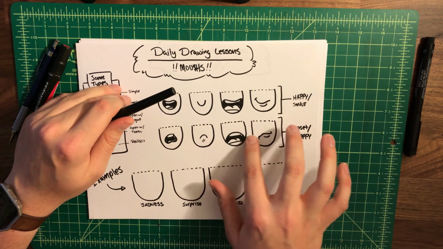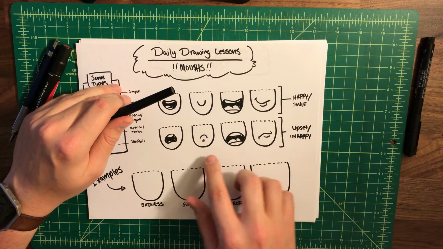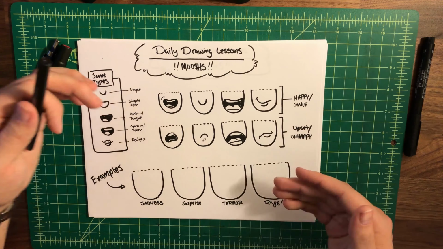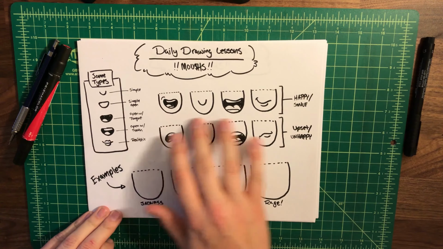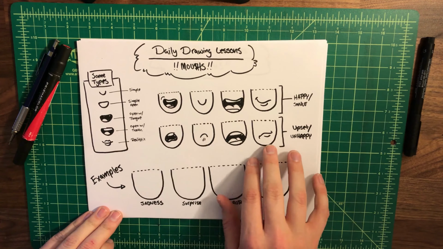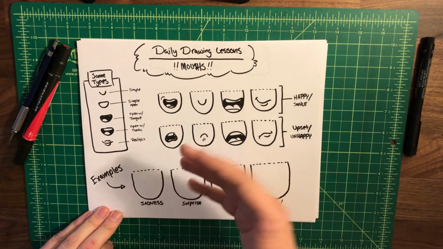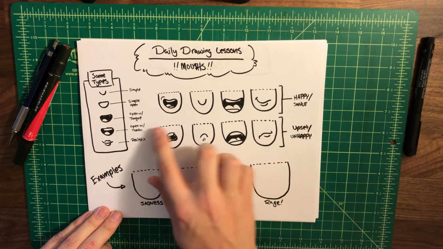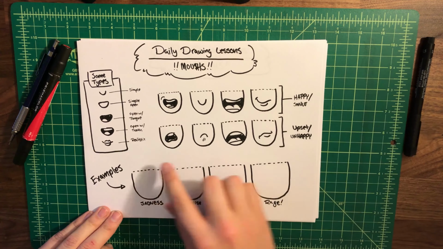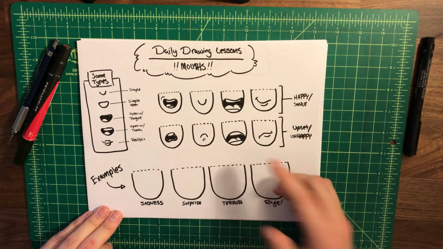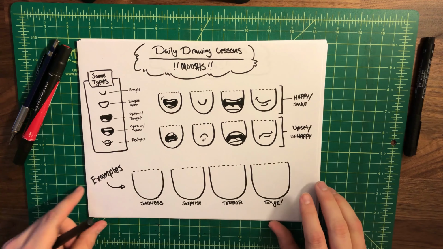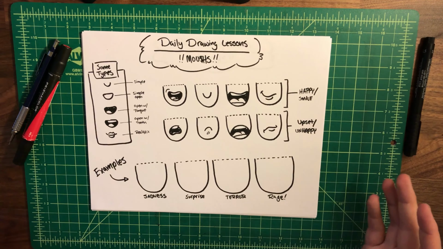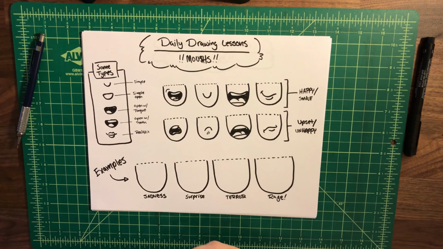And then you have this one that's also taking up the bottom, and then of course the smirk. So you can see that all four of these different styles are expressing relatively the exact same thing. Up here you're representing a happy smile. Down here you're representing upset and unhappy. So now I'm going to go ahead and draw a few examples.